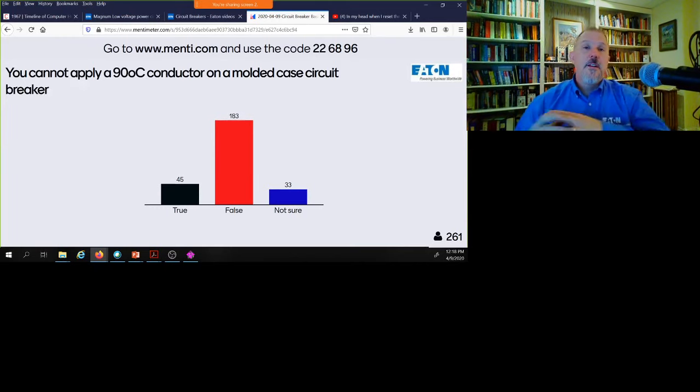So the big mistake I always see is people will apply a 90-degree C rated conductor, and they'll use its 90-degree C ampacity. You can land a 90-degree C conductor on a circuit breaker where the lugs and that equipment are only rated for 75-degree C. But you still have to use the 75-degree C column as a limiting factor.